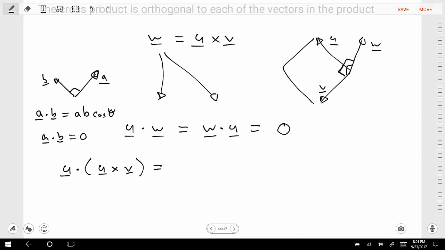Saying these are orthogonal vectors here. Well, let's use our index notation and let's see if we can prove that this should equal 0, meaning u dot w is equal to 0.